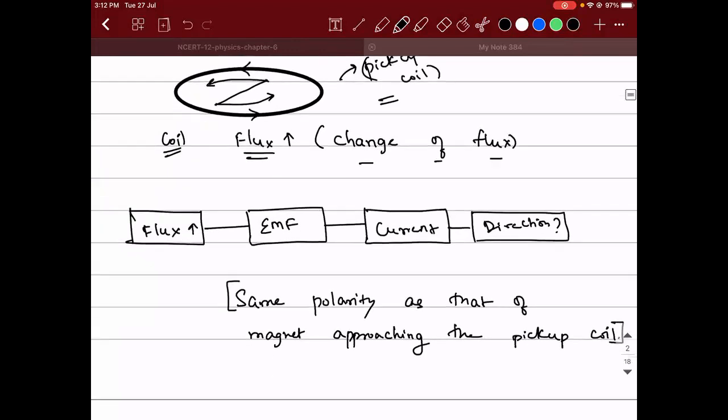I want you all to make a note of this point. Same polarity as that of magnet approaching the pickup coil will get generated.